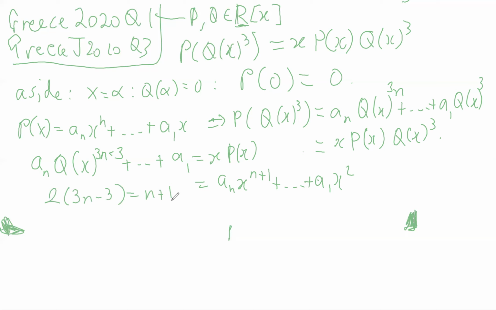No, that doesn't work, so it would just have to be 5n equals 7. Yeah, so it doesn't quite work.